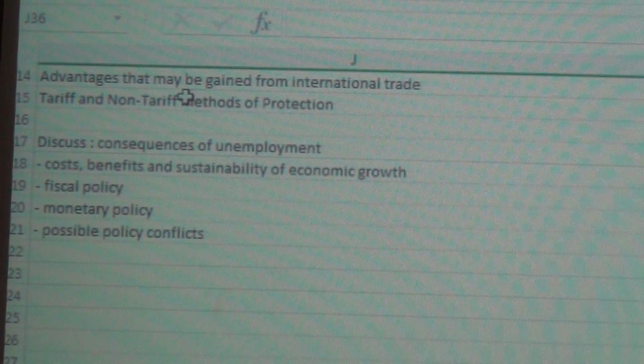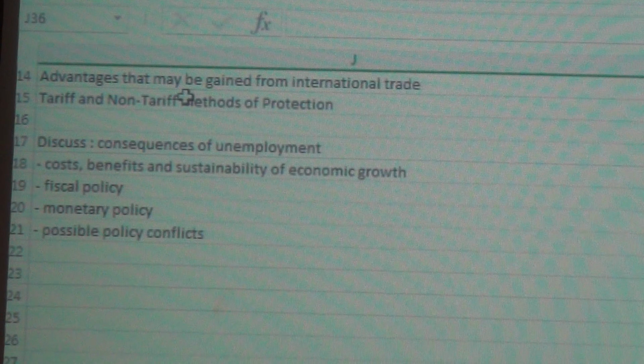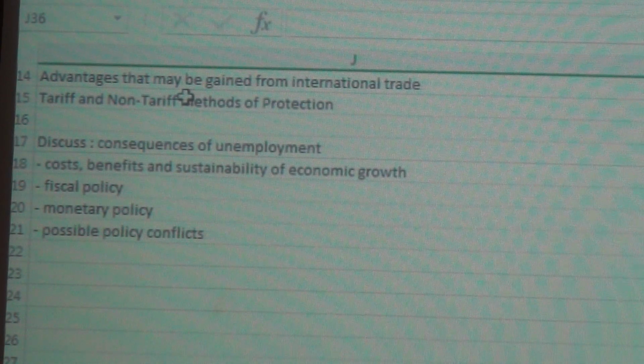I'm just trying to, like you will be, make an educated guess at it. So maybe consider the consequences of unemployment, maybe the costs, benefits and sustainability of economic growth. That would actually be quite a nice essay.